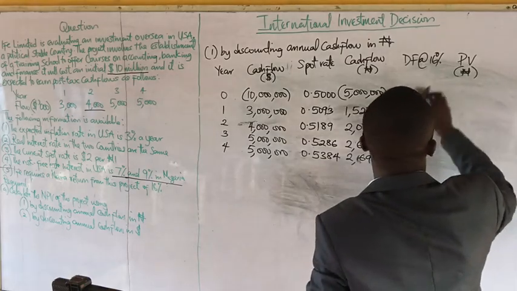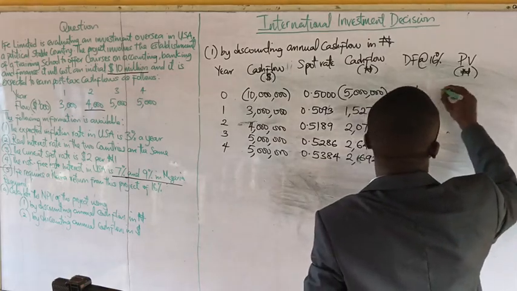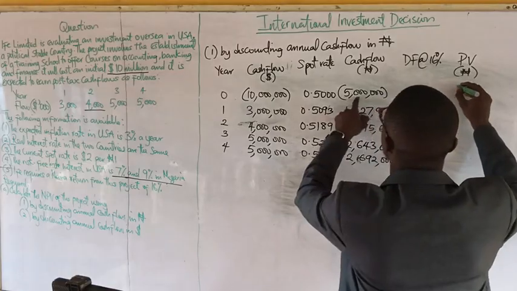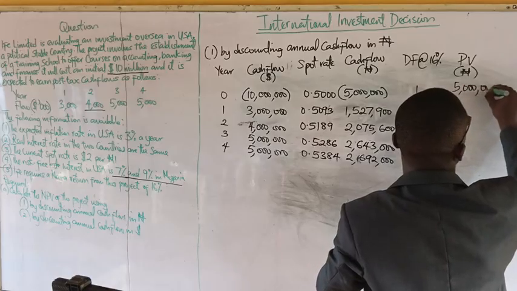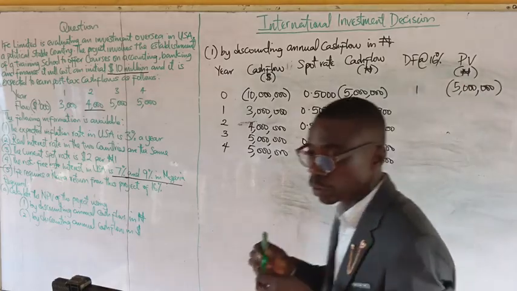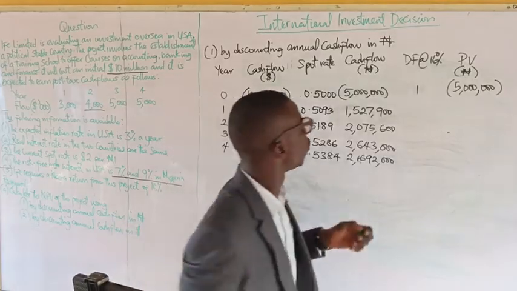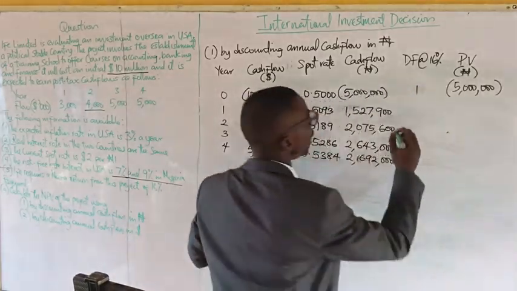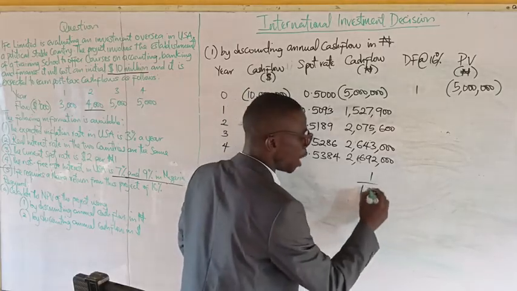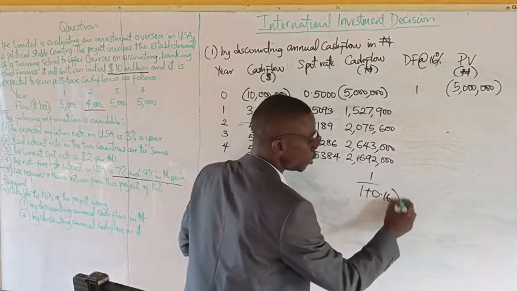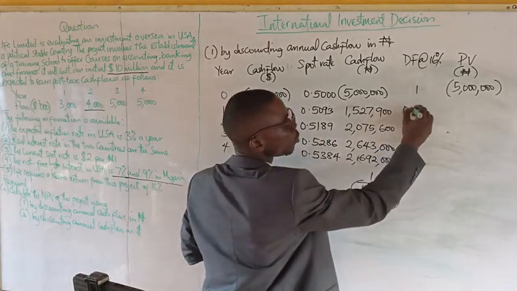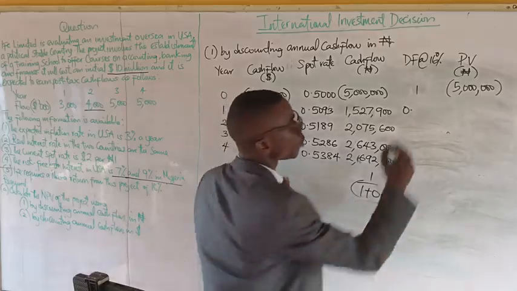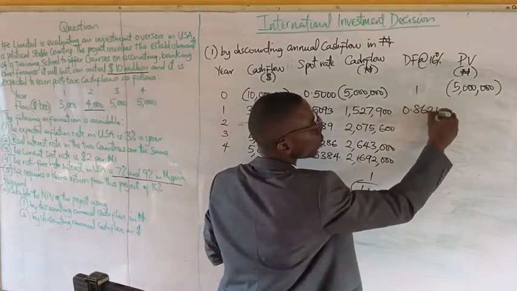So let's calculate the discounting factor now for 16%. We already know that the discounting factor for year 0 will be 1, so 1 times this gives minus 5 million. For year 1, don't forget it is 1 over 1 plus 0.16 raised to power 1. So what will it be? 0.8621.